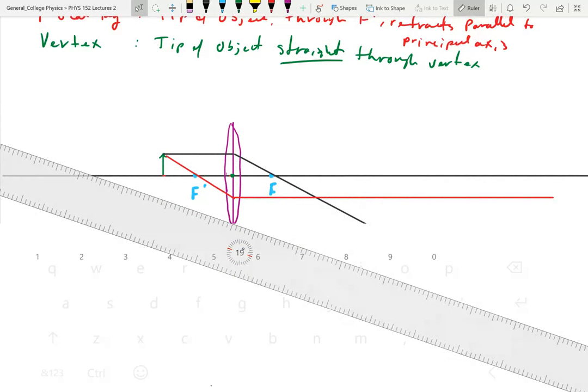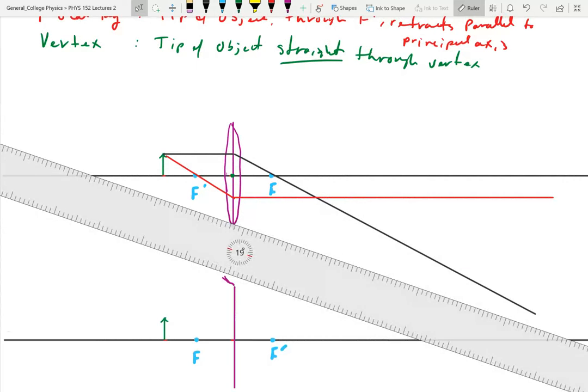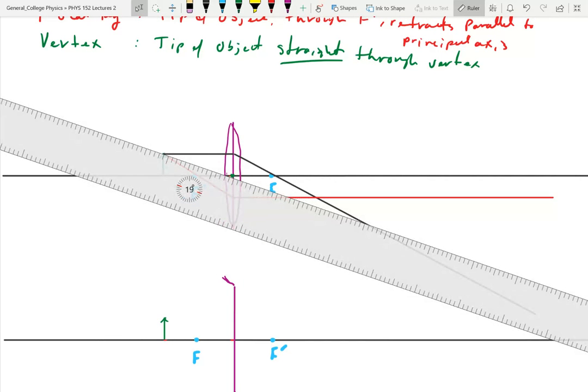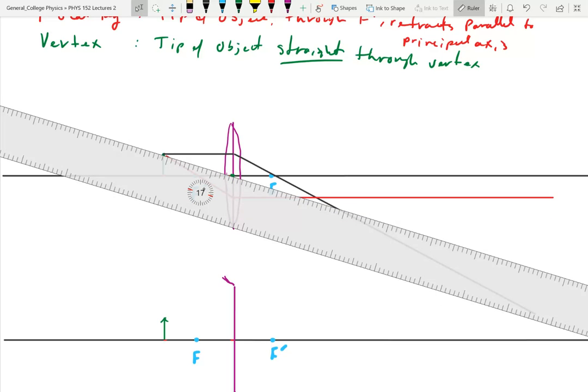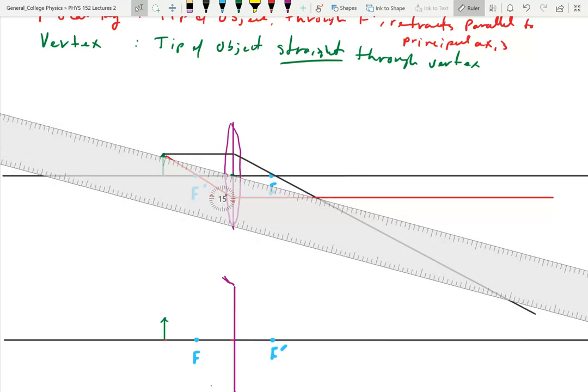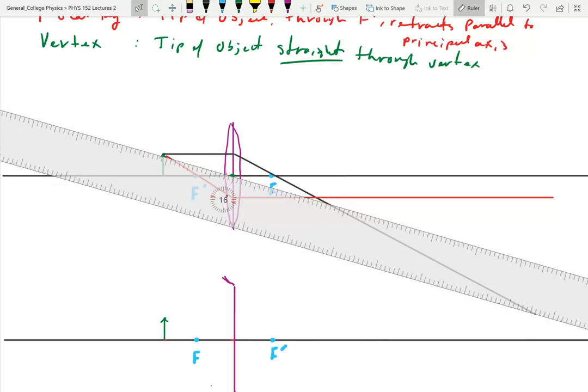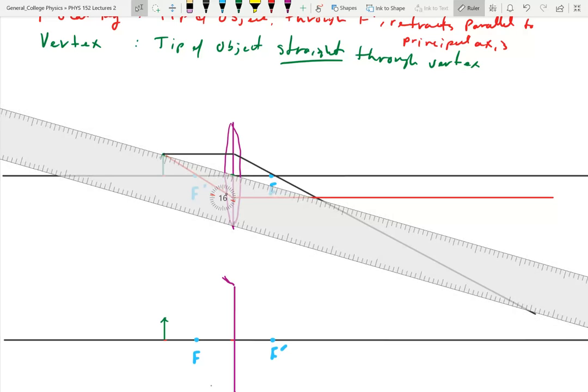Well, that wasn't quite right. That's not quite right either. Too much. Okay, that looks about right.